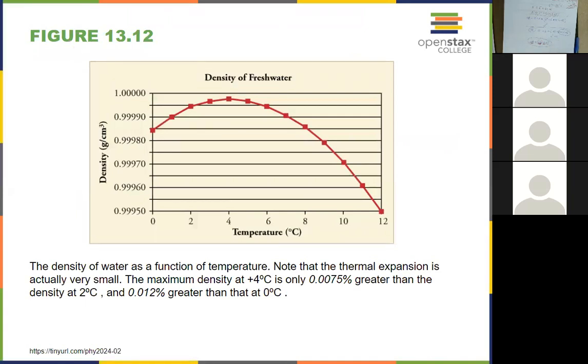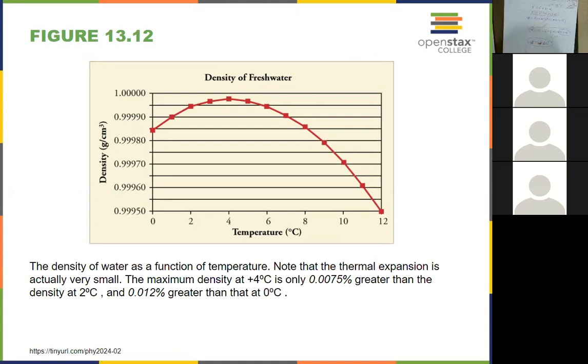Now, as I said, generally you expect that when temperature increases, volume expands. But there's one exception you might encounter, which is water. Water is very strange, it behaves very strangely.